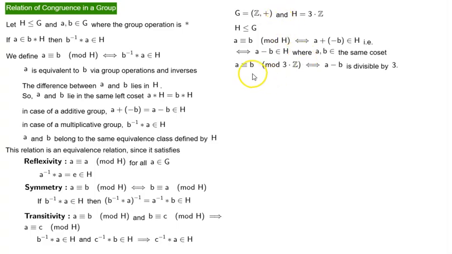With respect to this example, A is congruent to B mod 3Z if and only if A minus B is divisible by 3.